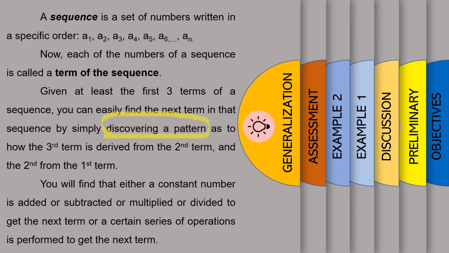So kung papansin nyo kanina, nakakita natin yung constant number na yun yung nagiging guide natin, at ang ginawa natin kanina, nag-add na tayo, no? Ina-add natin siya from the previous term to get the next term. So, as you go through this lesson about sequences, doon nyo makikita na pwede pa tayo mag-subtract, mag-multiply, at mag-divide. But for the meantime, yung nakuha natin pattern, ina-add lang natin siya to get the next term of the given sequence.